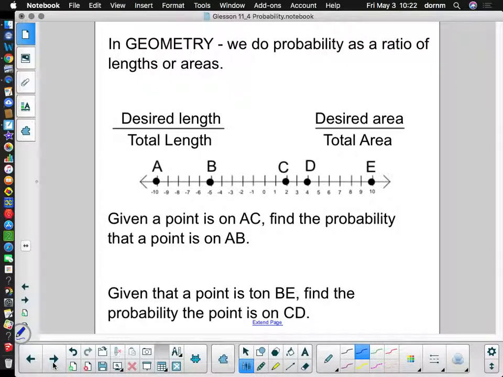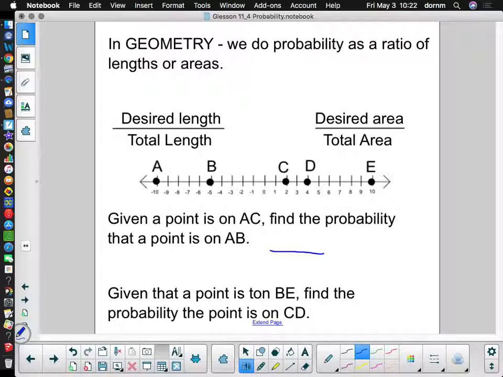Number line probability is pretty easy. Given a point is on segment AC, find the probability the point is on segment AB. Well, the total length for us is going to be AC. It's a number line, so we're going to have to do a little work with that. It's a little hard to see the numbers here, but A is at -10 and C is at 2.